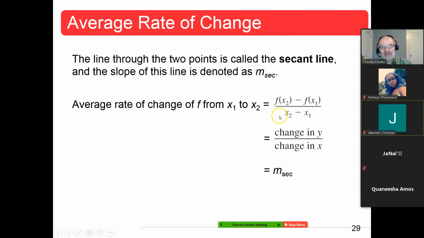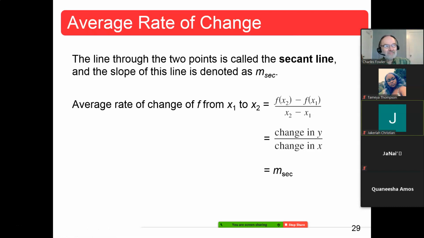The average rate of change is exactly that, f of x2 minus f of x1 over x2 minus x1. You evaluate the function here, evaluate the function here. Basically, that gives you your y2 minus y1 over x2 minus x1. Change of y over change of x, that's the slope of your secant line. That's the average rate of change.